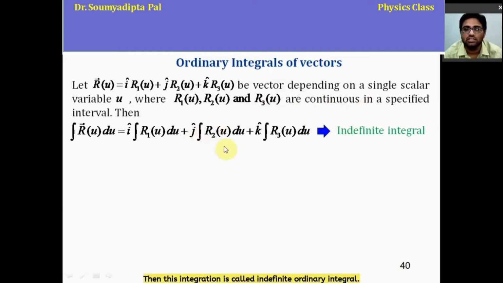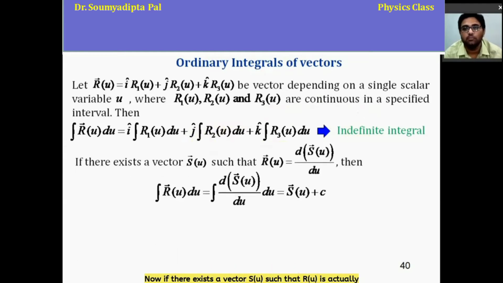Then this integration is called indefinite ordinary integral. Now if there exists a vector S(u) such that R(u) is actually the first derivative of S(u) with respect to u, then the integration of R(u) du will give S(u) plus an integration constant, that is c, right?